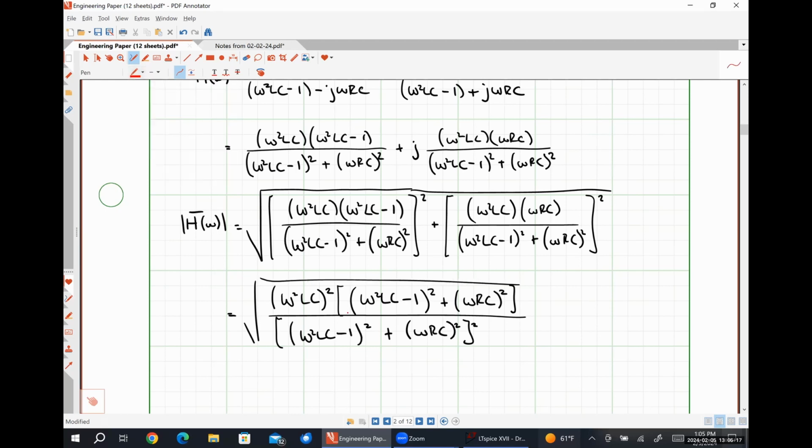This guy gets rid of one of those powers, and we are left with omega squared, sorry, right thing, LC over the square root of omega squared LC minus 1 quantity squared plus omega RC quantity squared.